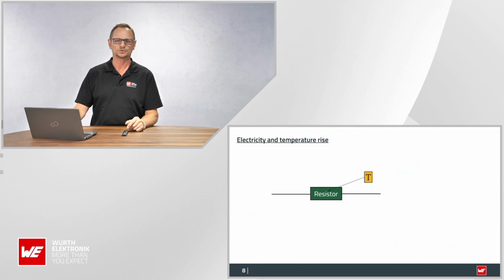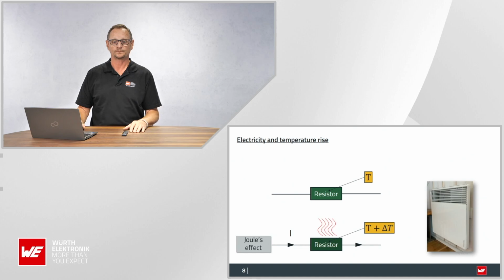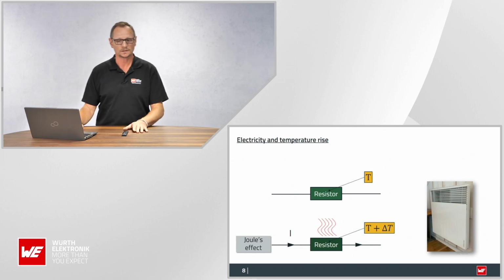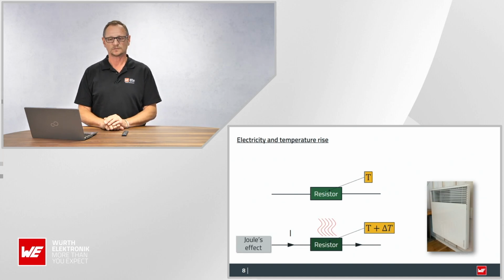A connector can also be seen as a resistor. As we all know, if a current is running through a resistor, of course, it will heat up. This means you will gain some temperature rise.